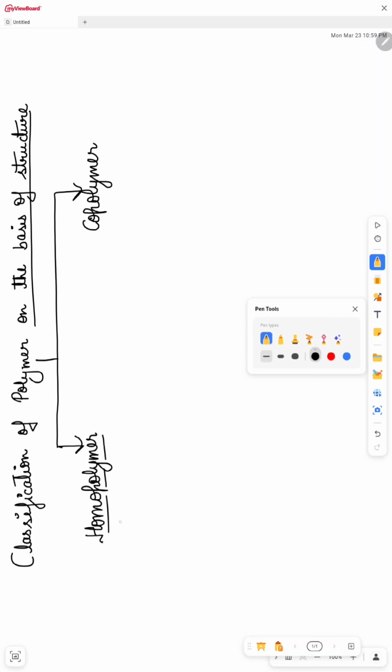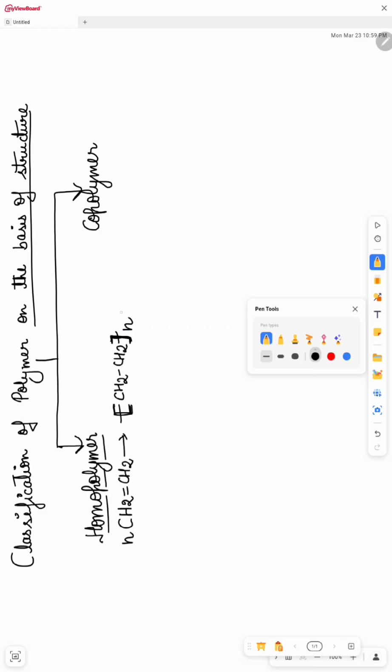Suppose I am taking the example of ethylene, CH2=CH2. If n number of monomers are joined together, the formation of polythene will take place. What is the meaning of this? This means the chain is going from this side and also from this side, until or unless we want to break the chain.